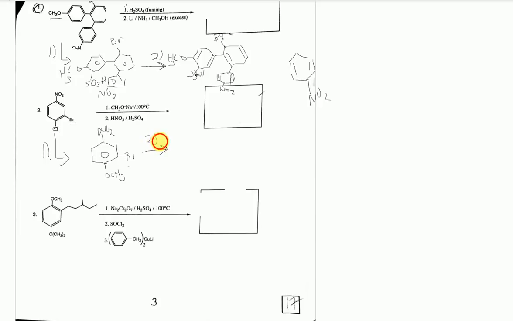Step 2, HNO3, H2SO4. This adds an NO2 group, right? So we add another NO2 group, and I find the most activating group. So this is a bromine, this is NO2, this is the most activating, so this is going to direct the positioning. So I put my ring again.